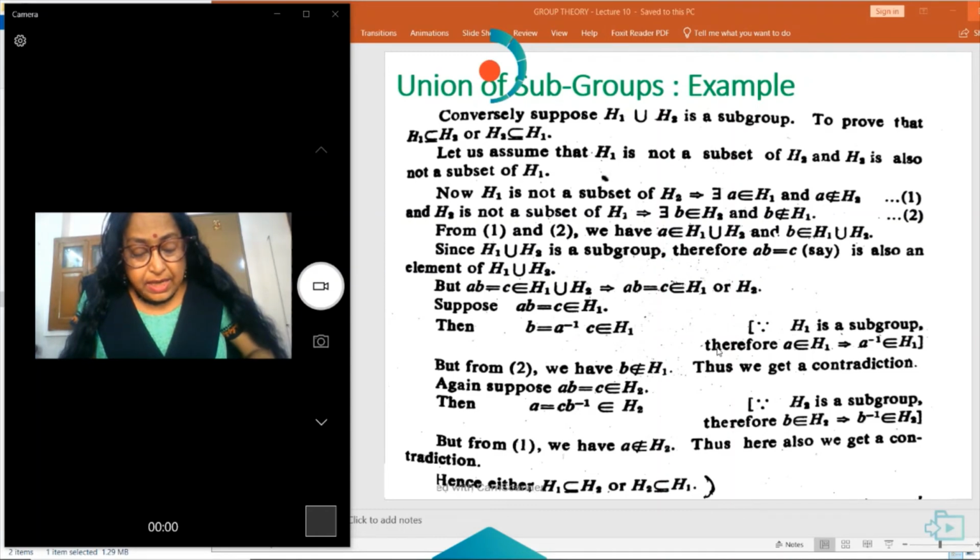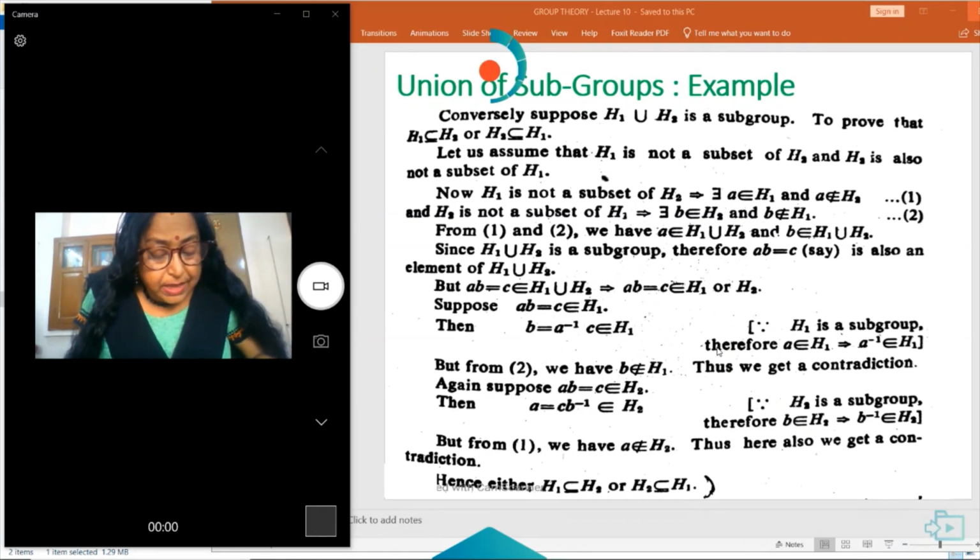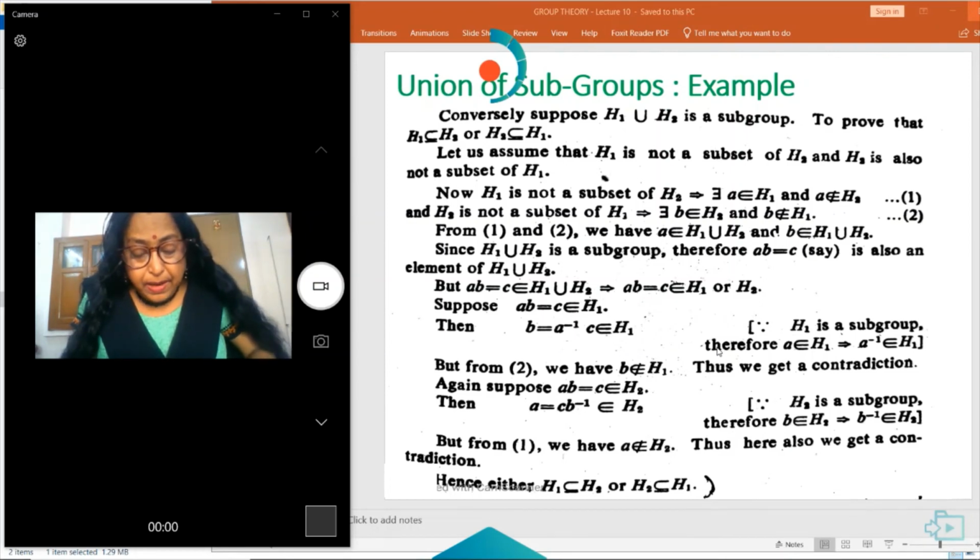Now, H1 is not a subset of H2 means there exists an element A that belongs to H1 and A does not belong to H2. And H2 is not a subset of H1 implies there exists an element B that belongs to H2 and B does not belong to H1.